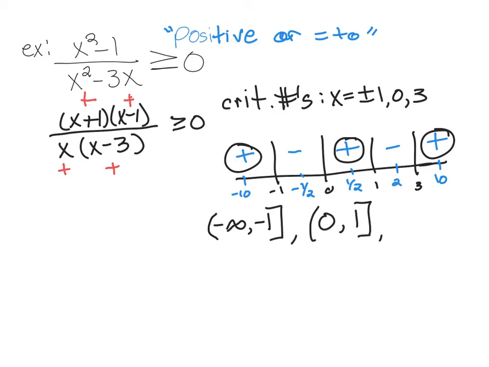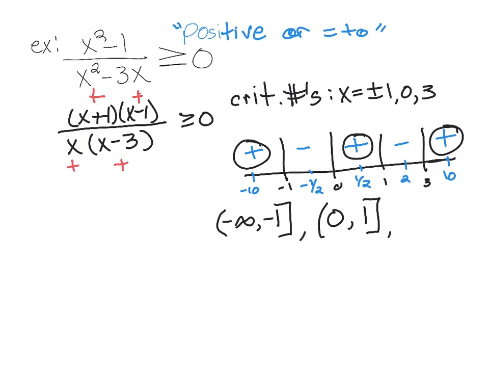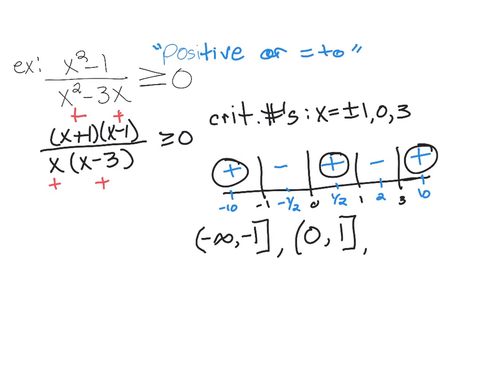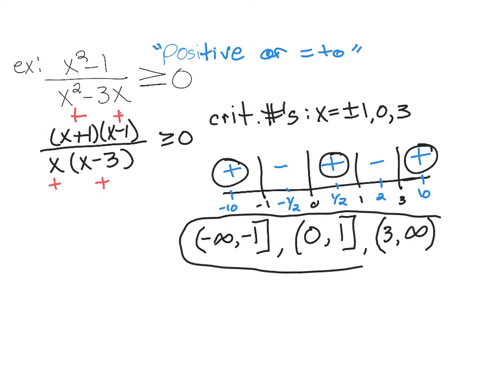The next interval starts at 3 and goes all the way to positive infinity. The 3 makes the bottom 0. I cannot include that, and I can never equal infinity. All right, guys, so the or equal to is shown in your interval notation, but you got to make sure that you don't divide by 0.